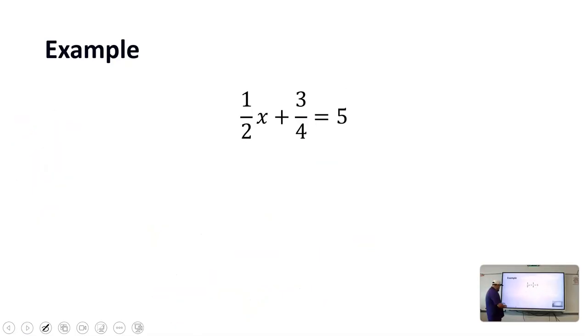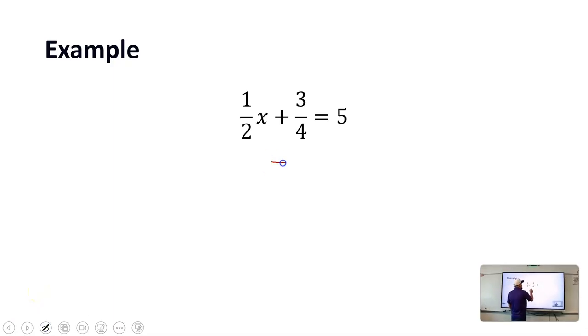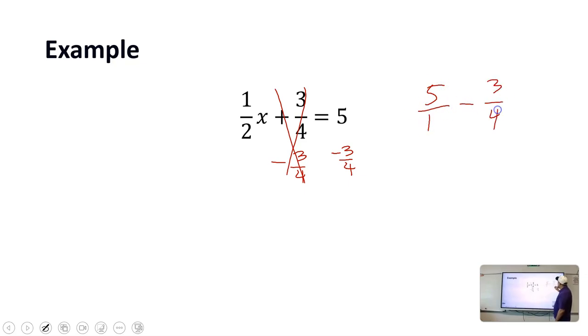All right, let's do this last one where both things are a fraction. So let's go ahead and get rid of the addition by subtracting 3/4. All right, so let's do a little bit of work over here on the side. I'm going to get 5, put it over 1, and subtract 3/4. If you want to use a calculator, plug that in and see what you get.